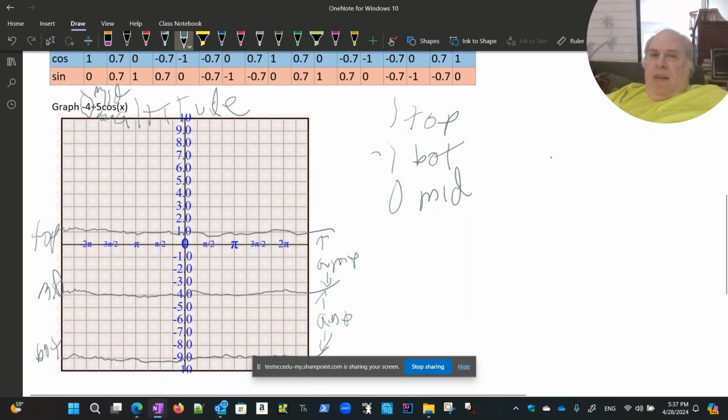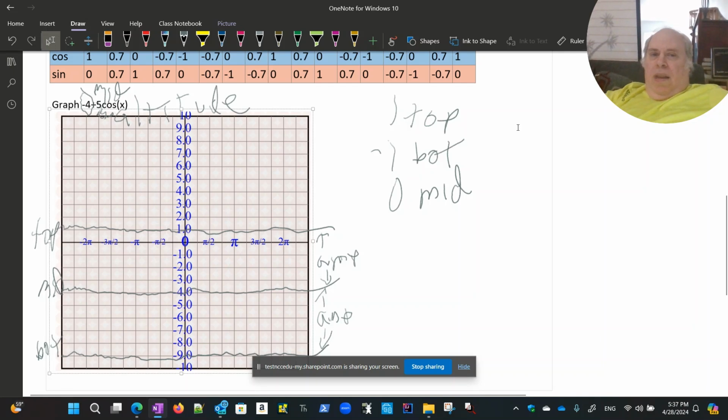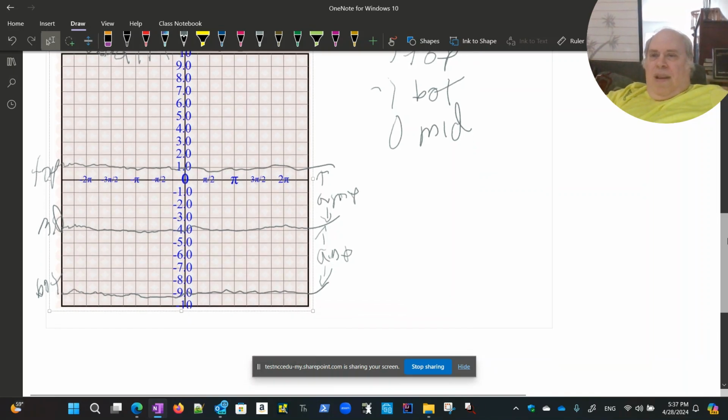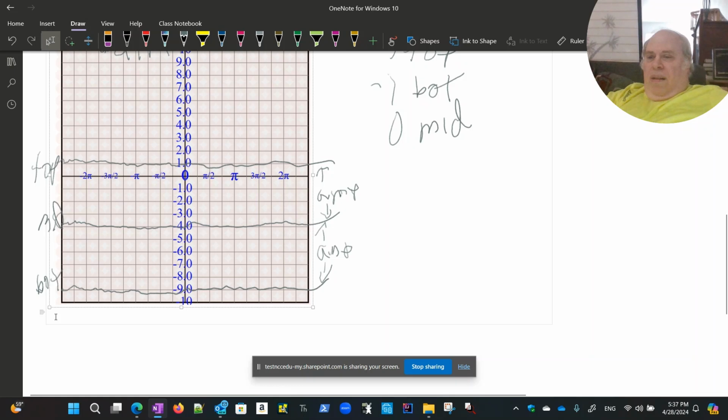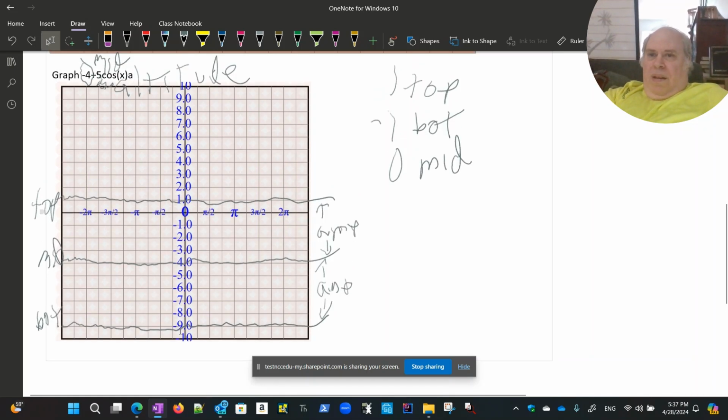Well, the 0.7 we multiply by the amplitude, which is 5, and that's going to tell us 3.5.